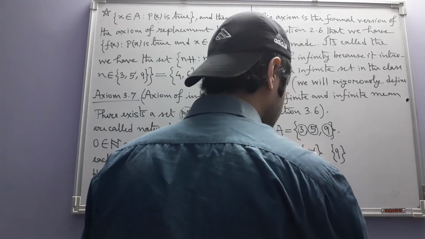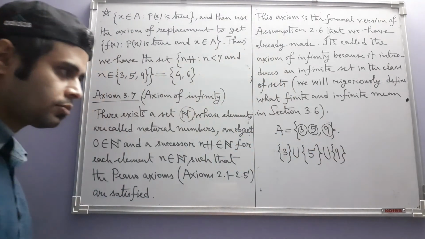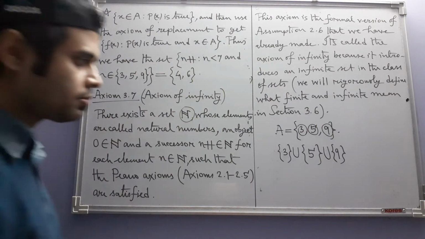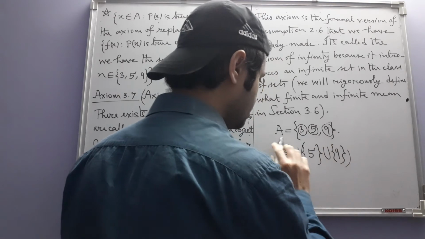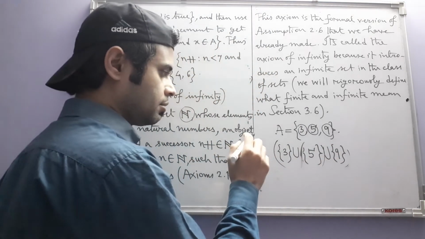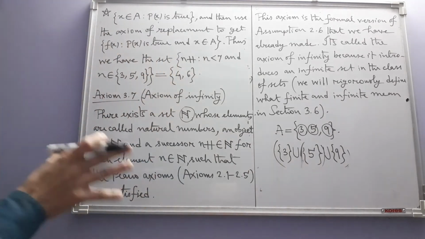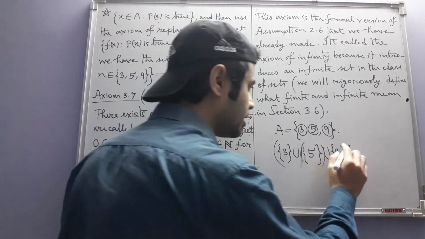And by using the axiom of pairwise union 2 times in any manner that you want, either like this or like this, this final union is also a set according to the fourth axiom, axiom of pairwise union. That's how we are getting this set.